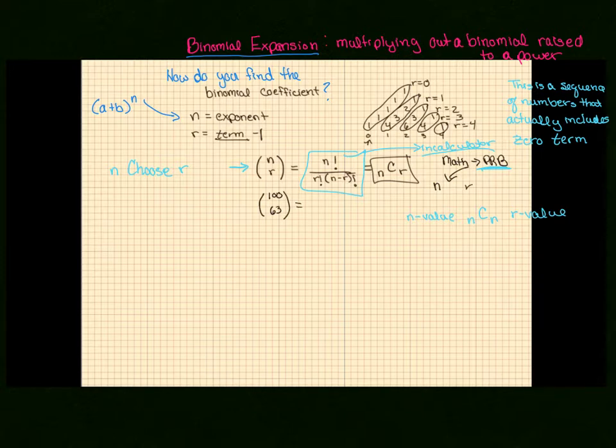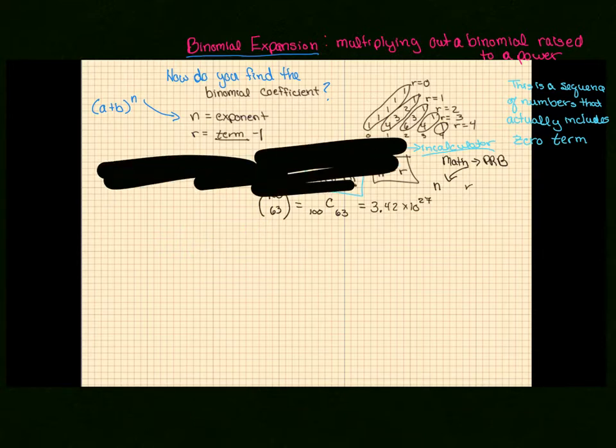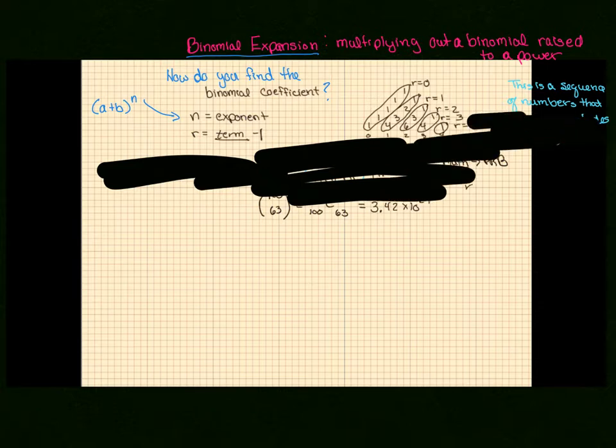That means I'm going to do 100 choose 63. I would put that into my calculator, and I would get a ridiculously large term in scientific notation of 3.42 times 10 to the 27th power. And so that's binomial expansion right there.